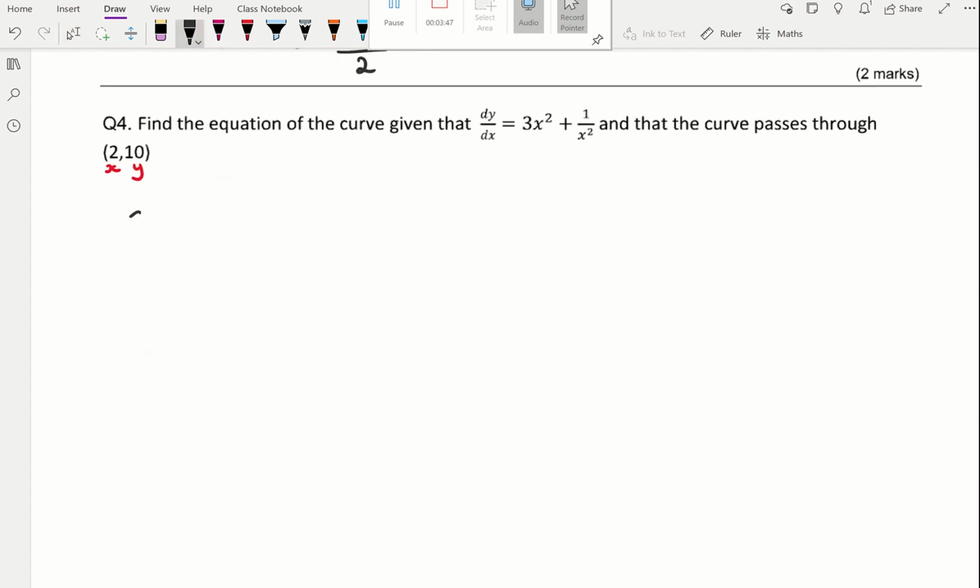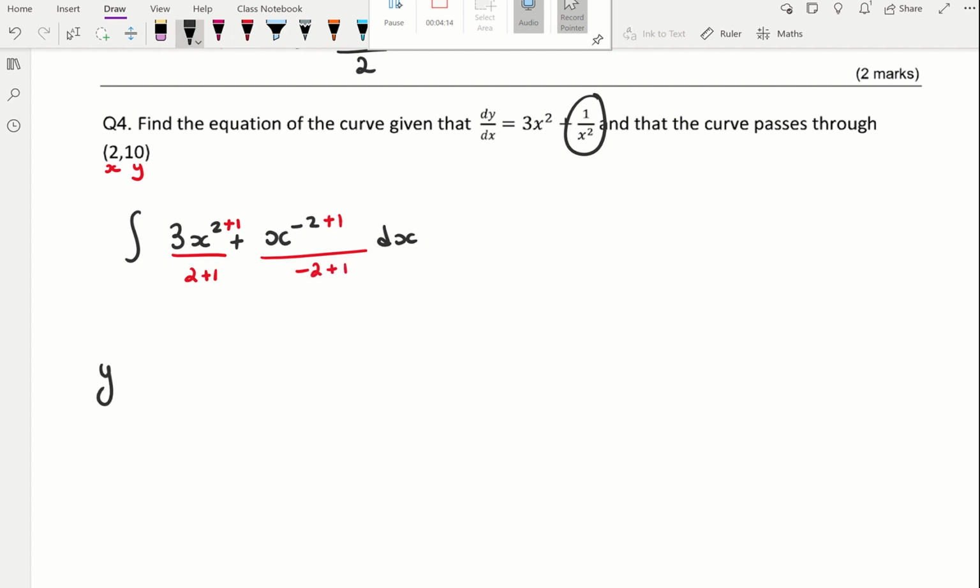So I'm going to be integrating 3x squared plus, and I have to turn that into exponent form. So this is x to the power of negative 2. And then I integrate, so I'm going to add 1 to the power and divide by my new power.